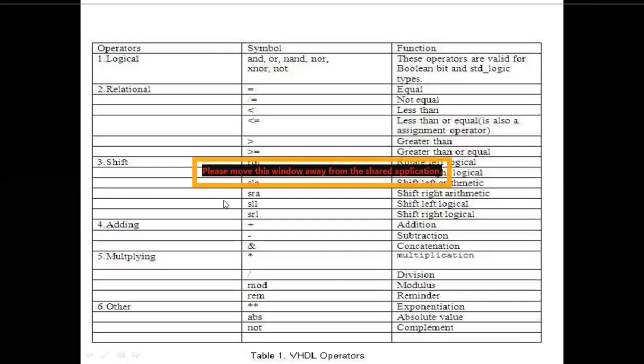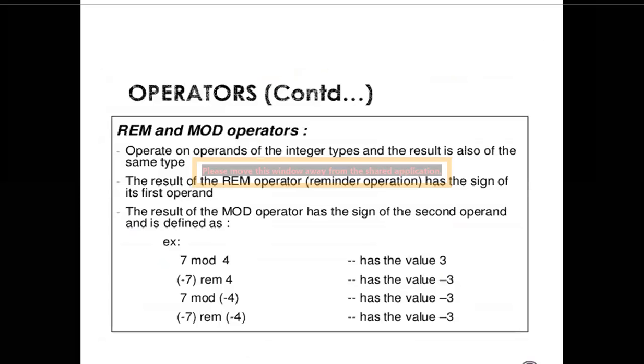Already you observed them with examples, and these are relational operators. The other operators are exponent operation, absolute, and complement. The complement is expressed with the help of the keyword NOT, and absolute is calculated with the help of the keyword ABS. For exponentiation, we use double asterisk. So these are the data operators.